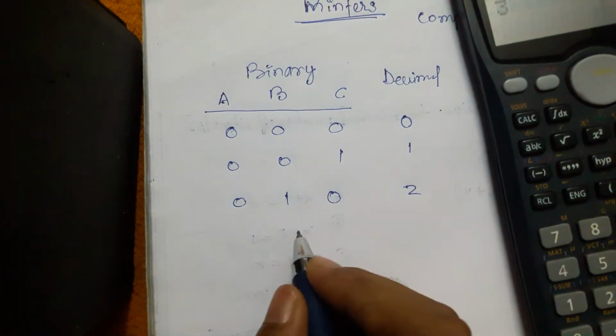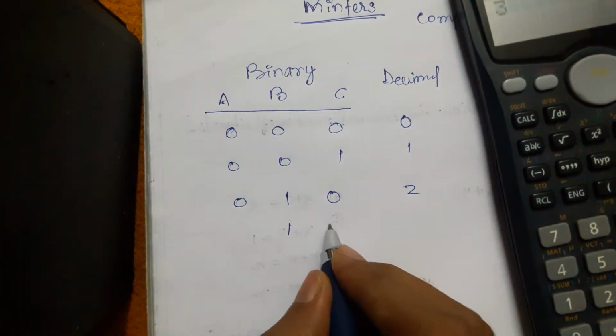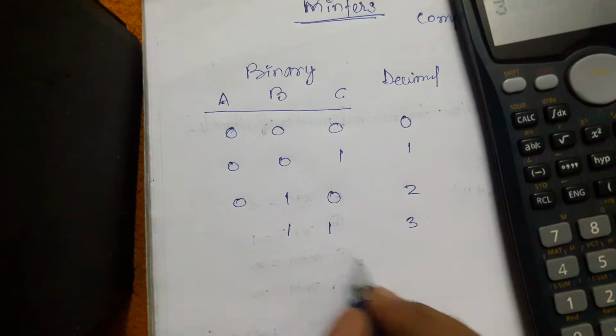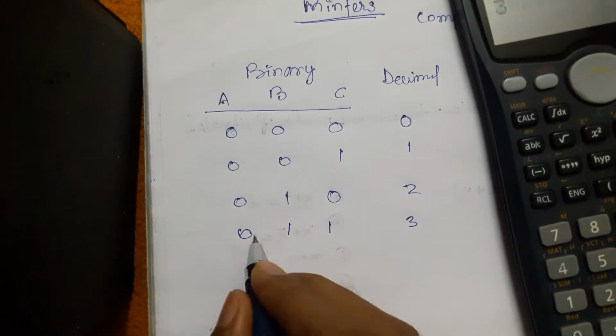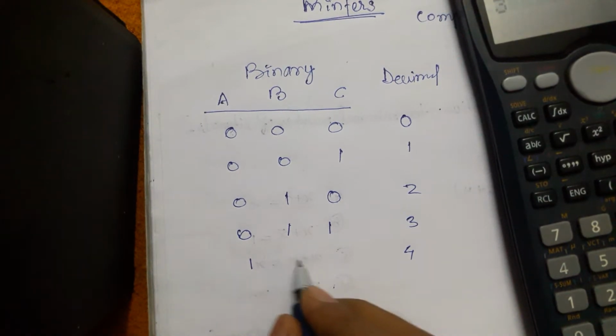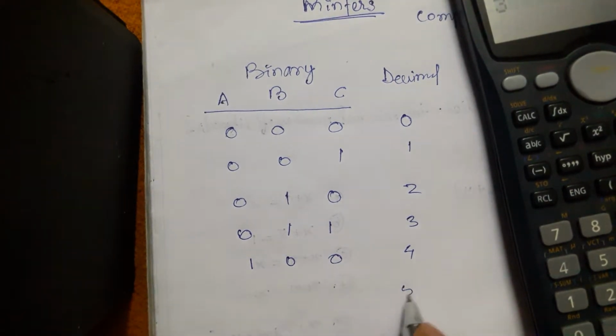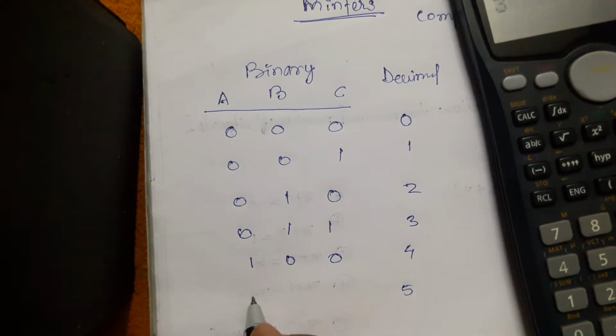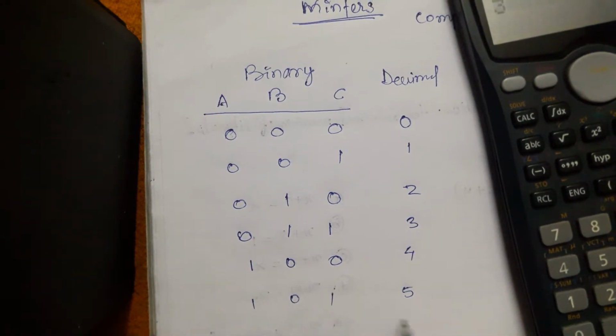This way you can find all the numbers in one form or another. What about 4? For 4 it is 1 0 0, for 5 it is 1 0 1, for 6 it is 1 1 0, and for 7 it is 1 1 1.